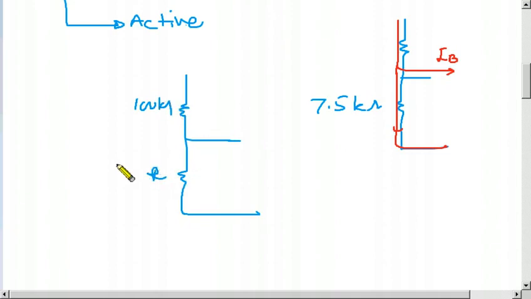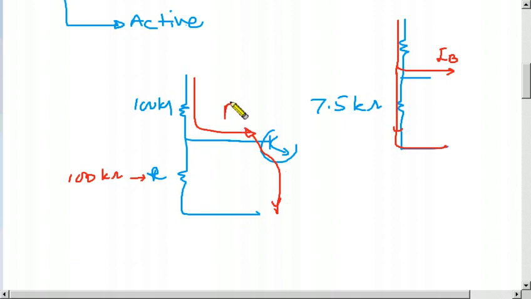If we increase this value more than that, suppose 100 kilo ohm or something like that, then what happens? No current goes through this resistor, all the current goes through this base, because this resistor is much higher. So all the current coming from 100 kilo ohm goes through the base.